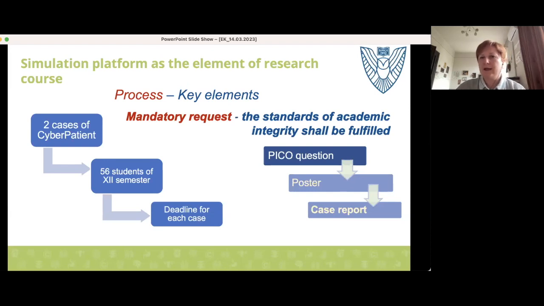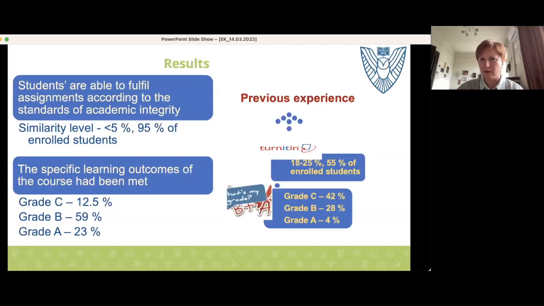We found that even with the mandatory request to check academic integrity issues using the Turnitin platform, and with the requirement that every case report and poster be in line with the academic integrity requests of our university, it is an achievable goal.